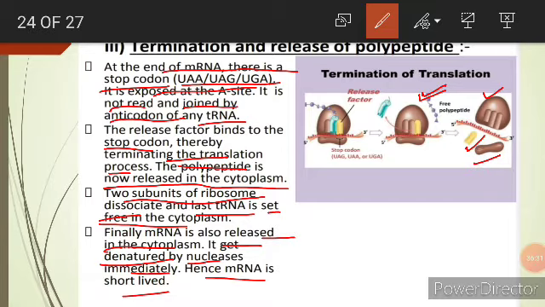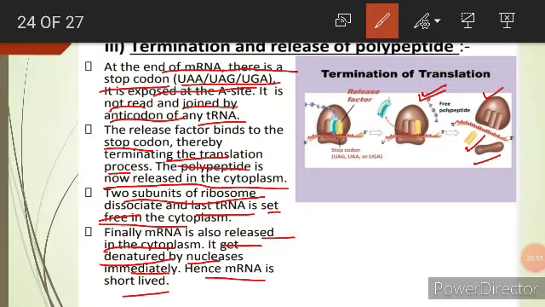Now we have already learned that for a termination codon there is no tRNA. So as there is a termination codon on the A site, instead of tRNA, what will happen? Each termination codon has its own specific termination factor.